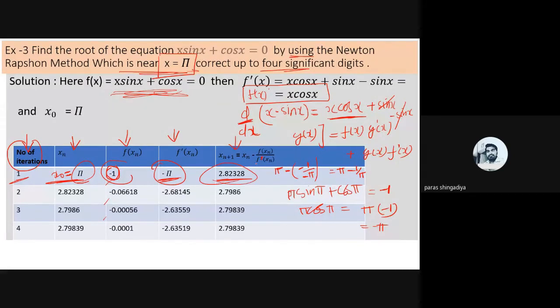Yes, so did you get this answer in the calculator? Does anyone have any query? Yes, how many of you got this answer, 2.82328, in your calculator? Panel, Hers, Hetal, Eva, Umang, Zubair.